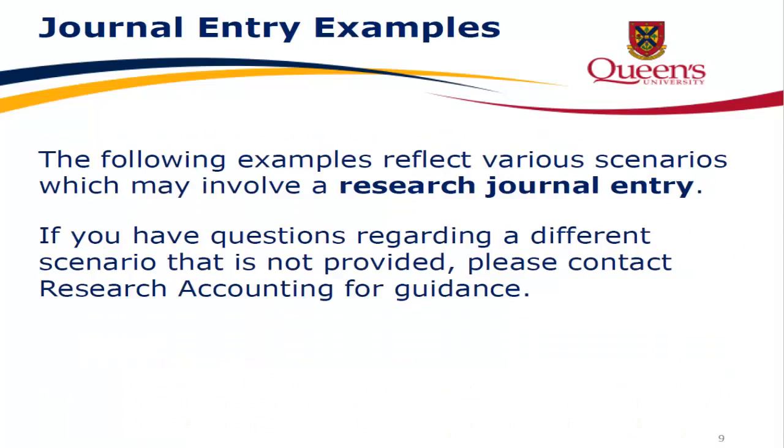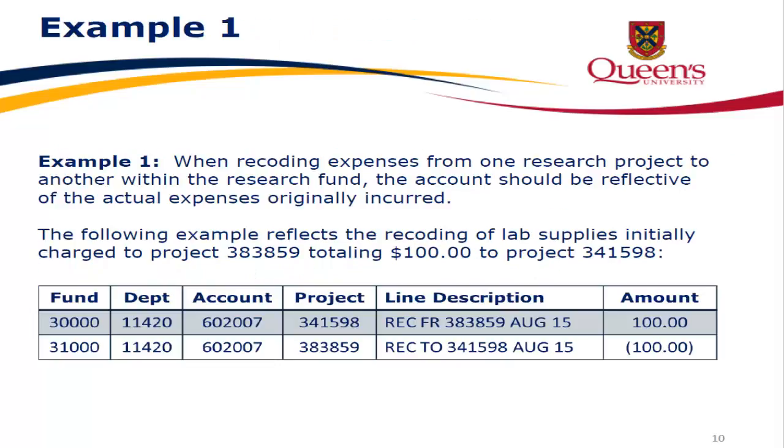Next, we will review some different scenarios involving research journal entries. If you have questions regarding a particular research journal scenario not covered in this video tutorial, please contact Research Accounting for guidance. In our first example, lab supplies are being recoded from one research project to another. The account number used should be reflective of the actual expense originally incurred.